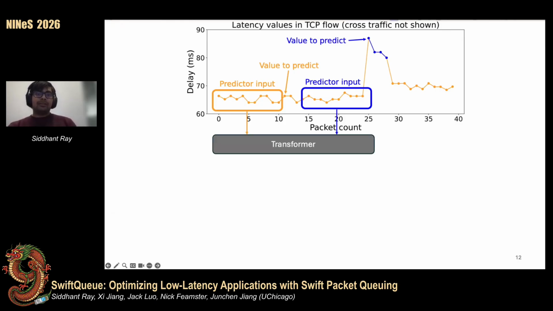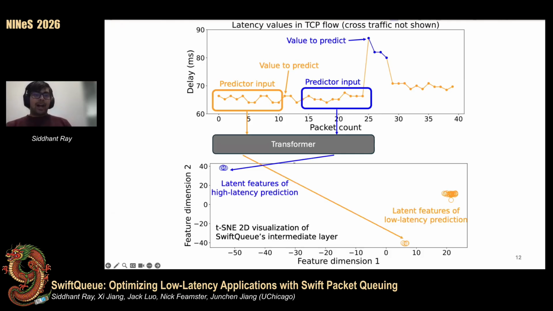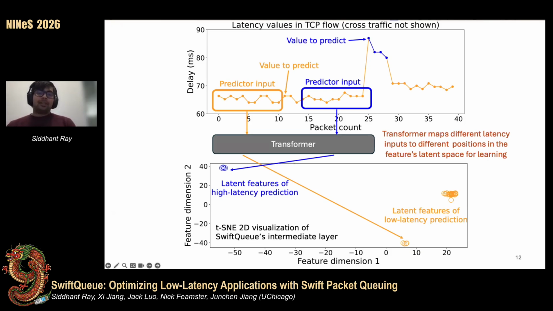If we give the past values before the spike and the past values before non-spikes, these are mapped to very different positions in the t-SNE visualization using the transformer's intermediate layers. The latent features of high latency prediction are in a very different space from the latent features of low latency prediction. The transformer maps different latency inputs to very different positions in the latent feature space and is able to extract these fine-grained signals.